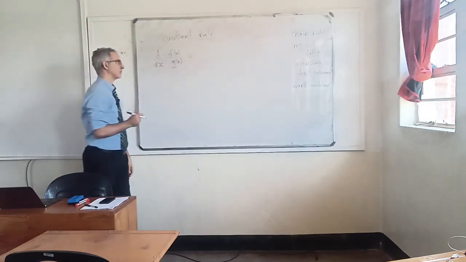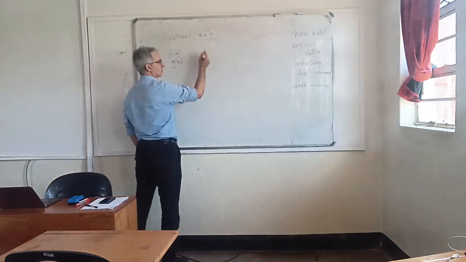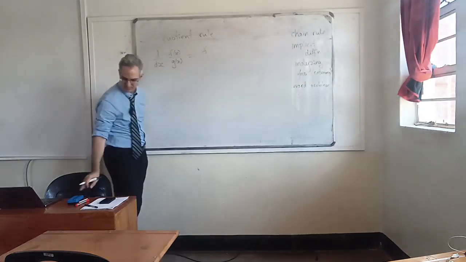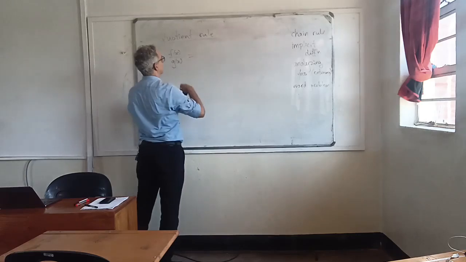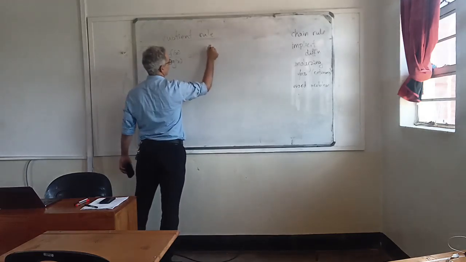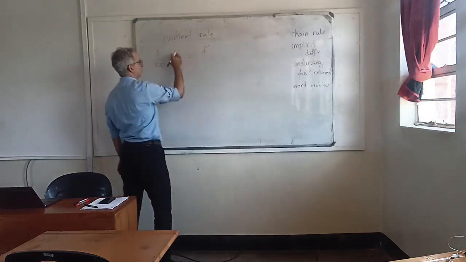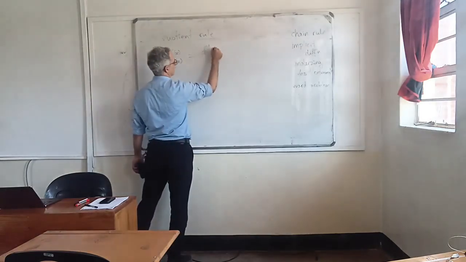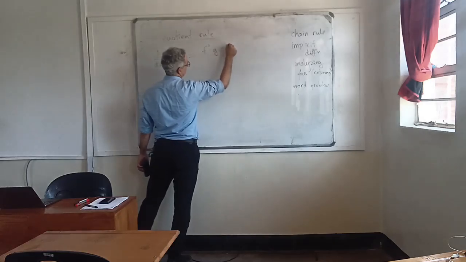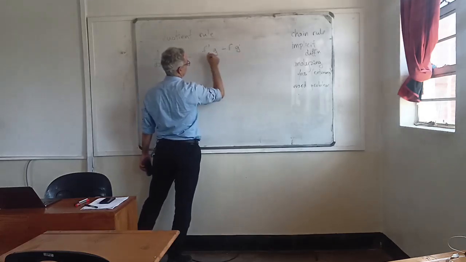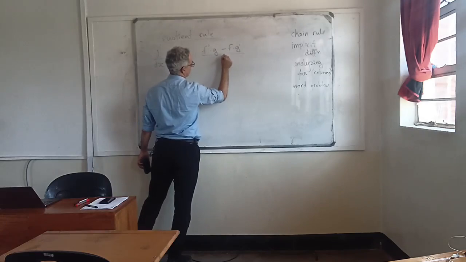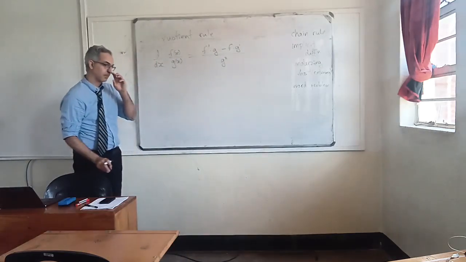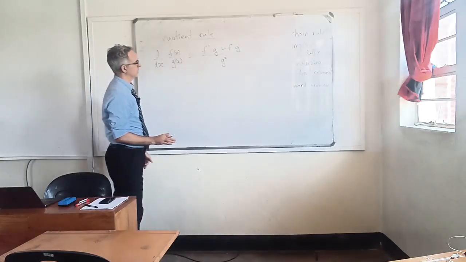And the answer is, I have to get it right, f prime, I'm going to drop writing of x. You know that it's of x. Okay? So f prime times g minus f times g prime divided by g squared. That is the quotient rule.